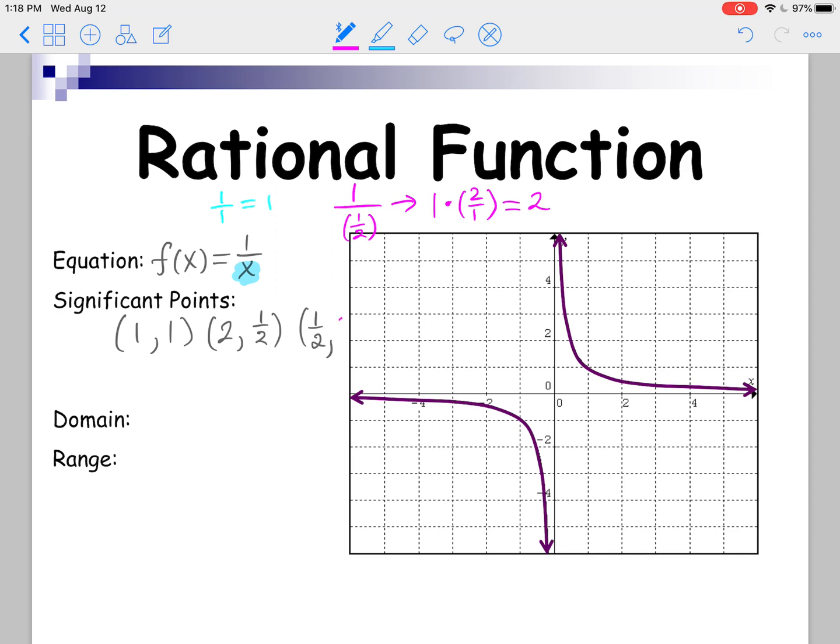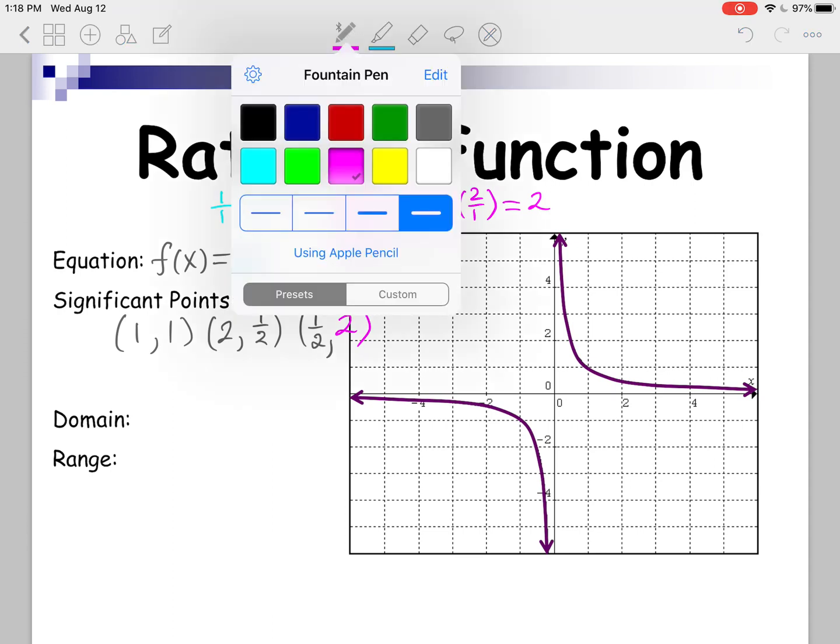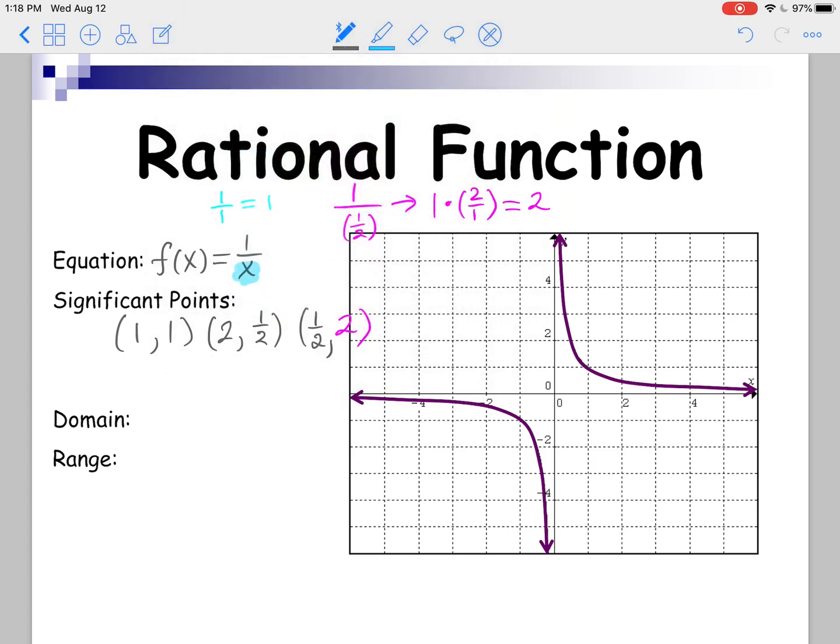And so the output here would be 2. And so basically this rational function is flipping our input. And so if I were to plug in -1, I would get -1. Plugging in -2 would give me -1/2. And then plugging in -1/2 would give me -2.